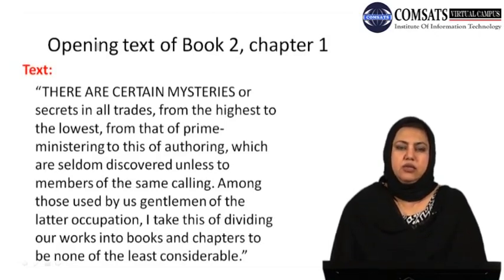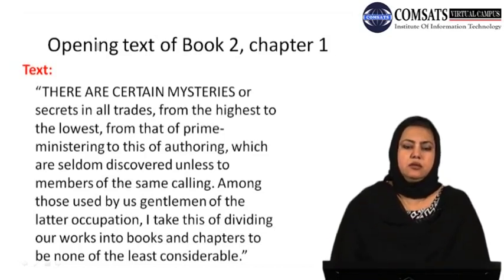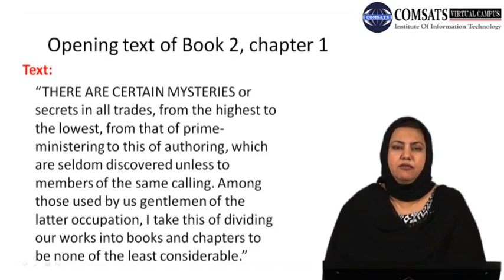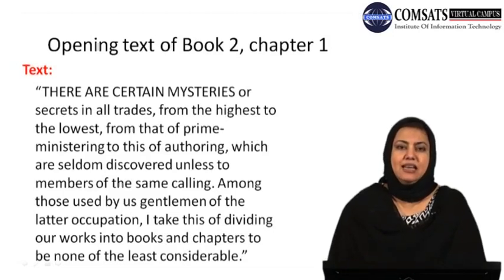So, what you can notice as a reader is that at the very outset of the second book, and in fact at the very outset of chapter 1 of this book, the author, that is Fielding, has clearly mentioned some details that justify his division of work into books and chapters.